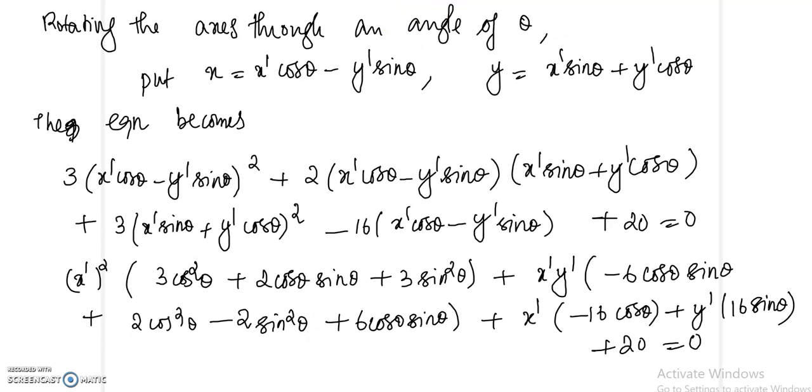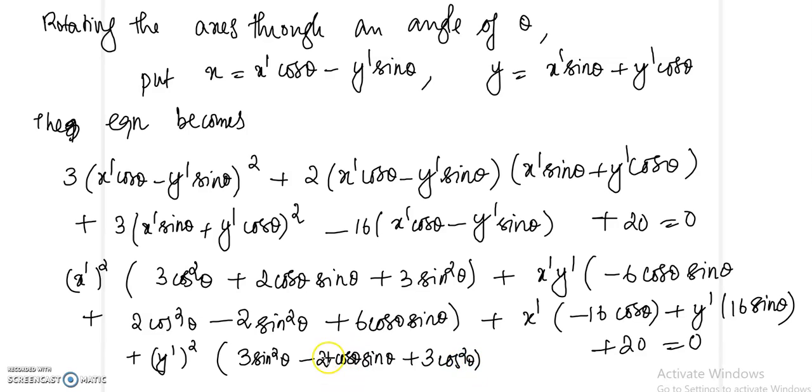Sorry, we need the y dash square coefficient. Okay, I have missed out that term. The y dash square and that coefficient will also come. So the y dash square coefficient is 3 sin square theta, minus 2 cos theta sin theta, and here 3 cos square theta.